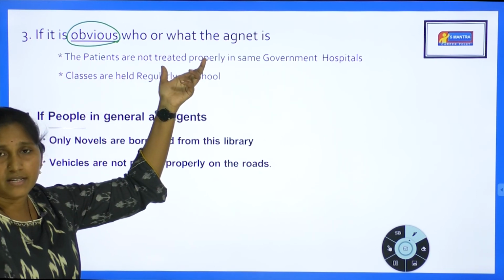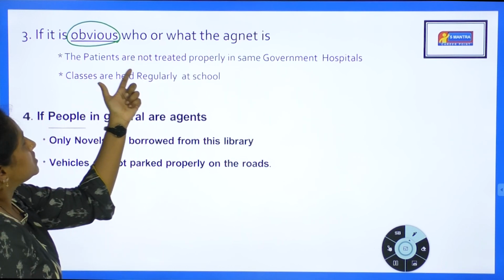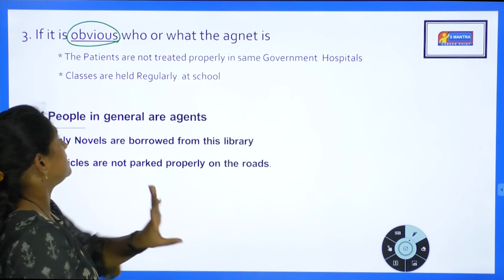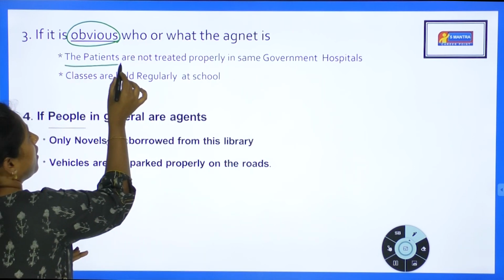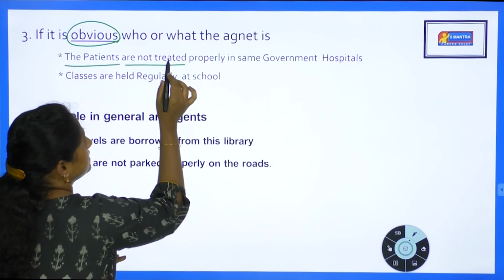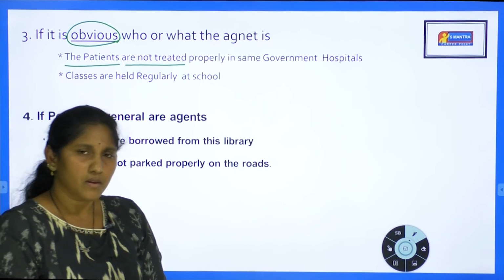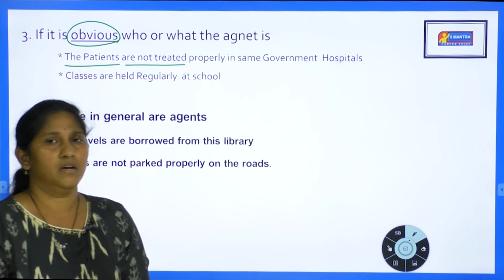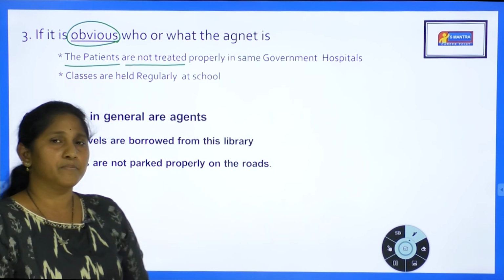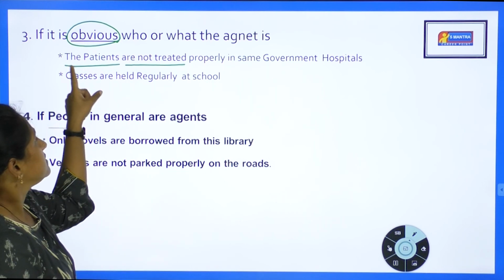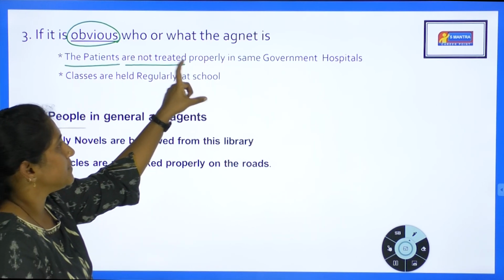Okay. If you take the example, the patients are not treated properly in some government hospitals. The patients are not treated properly. Usually who will treat the patients? Patients are treated by doctors only. Then in that case, the patients are not treated properly.